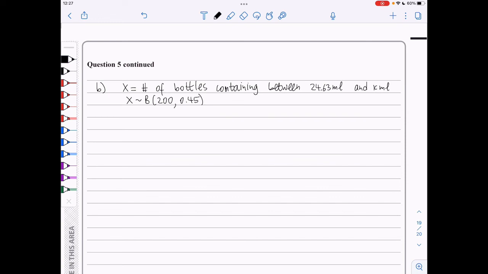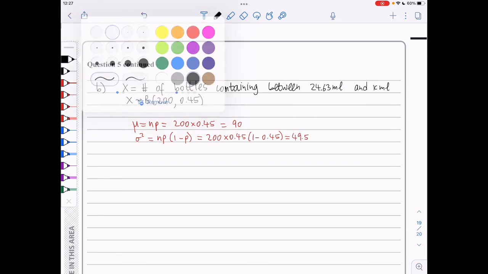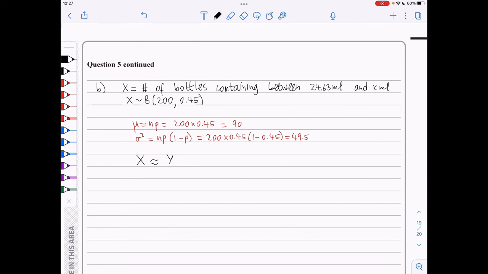Now we know that the mean of this binomial random variable is np, which is 200 times 0.45, which is 90. And the variance is np(1 minus p), which is 200 times 0.45 times 1 minus 0.45, which is 49.5. So X can be approximated by another random variable, I will call it Y, which follows a normal distribution with mean 90 and variance 49.5.